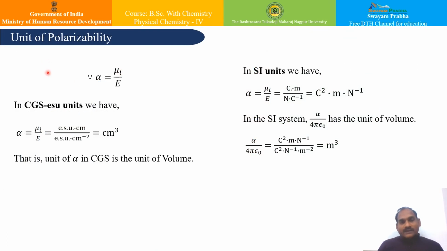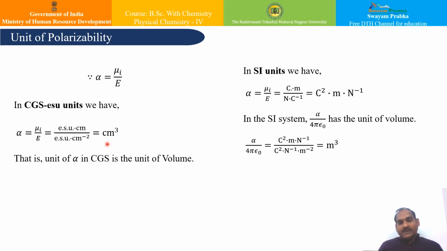Now if you look at the unit of polarizability, alpha is equal to mu I, the induced dipole moment, upon the field strength E. In the CGS unit system, to find the unit of polarizability, alpha is equal to mu I upon E. The unit of mu I is the electrostatic unit of charge times centimeter, that is ESU centimeter, and the field strength is ESU per centimeter square.